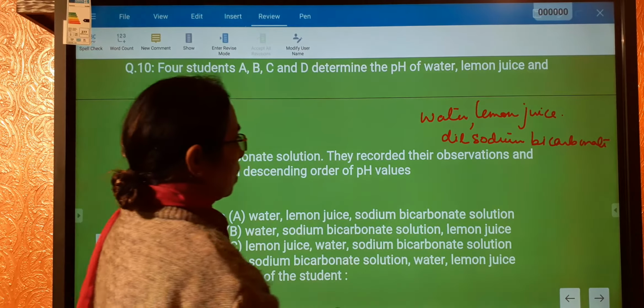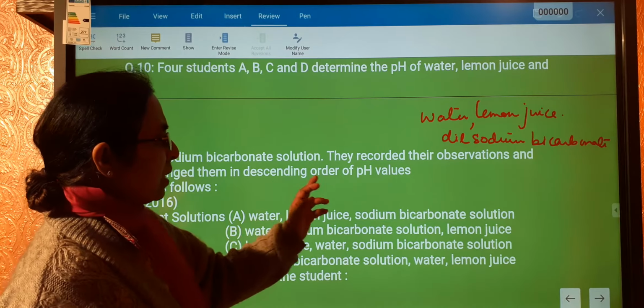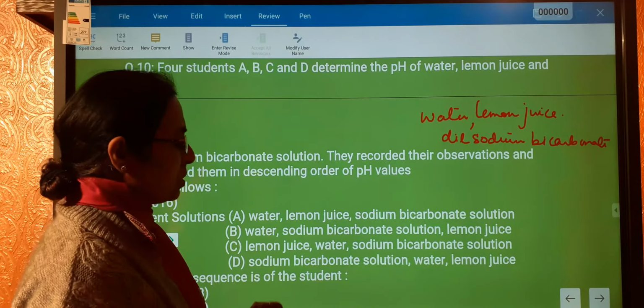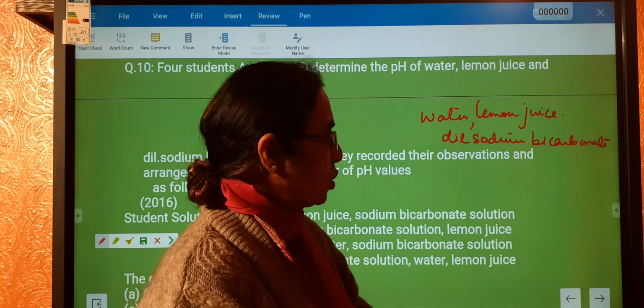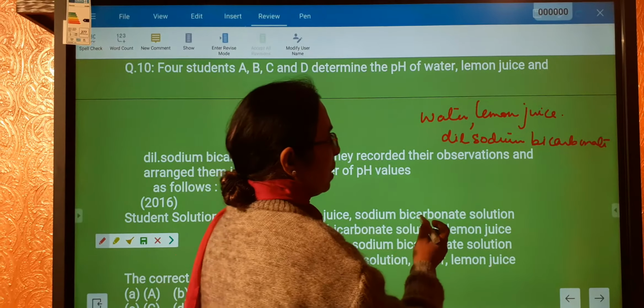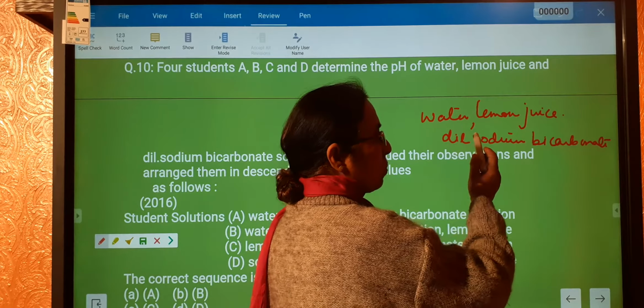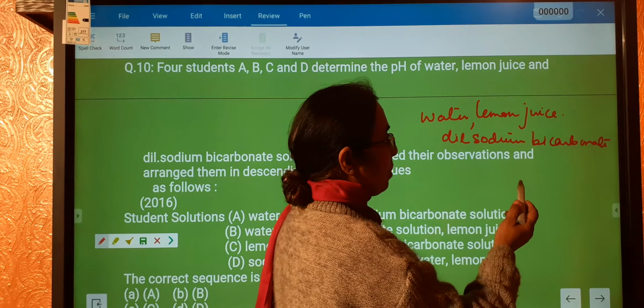Alright. They recorded their observation and arranged them in descending order of pH values as follows. So that is descending order. Water is a neutral liquid. Lemon juice is an acid, citric acid will be present.